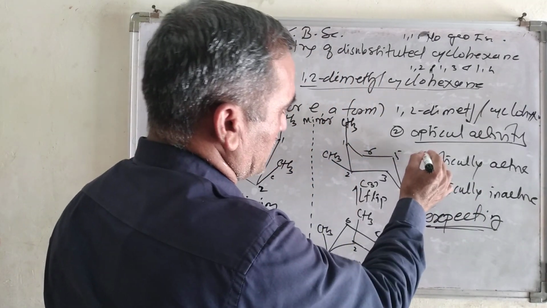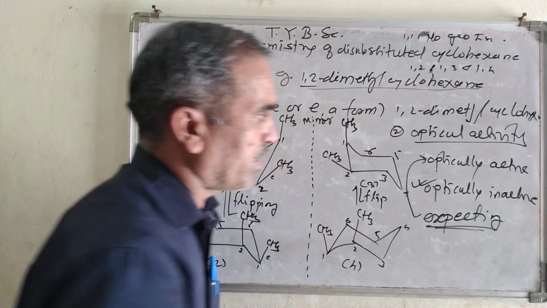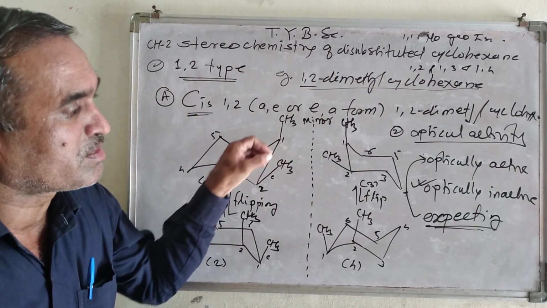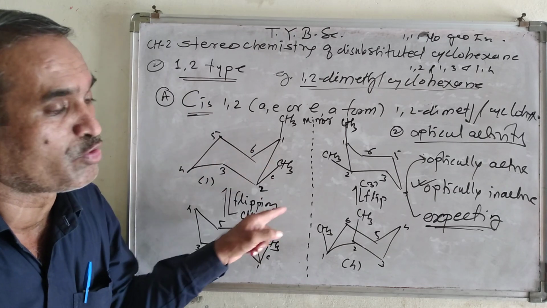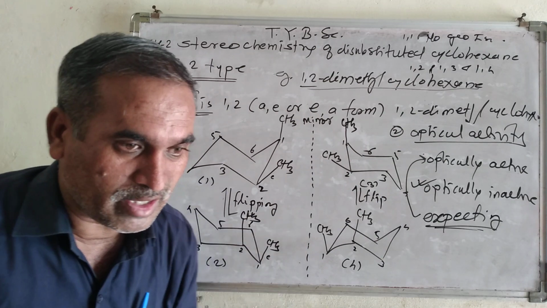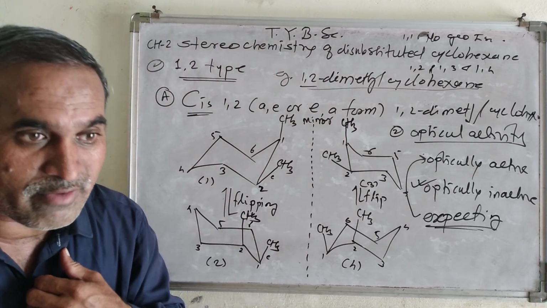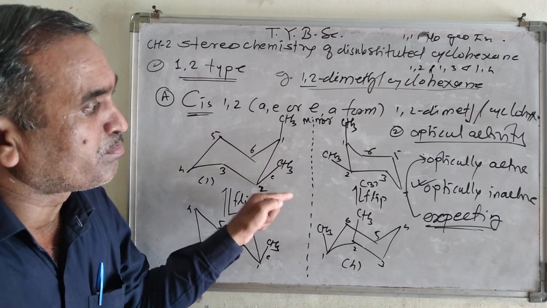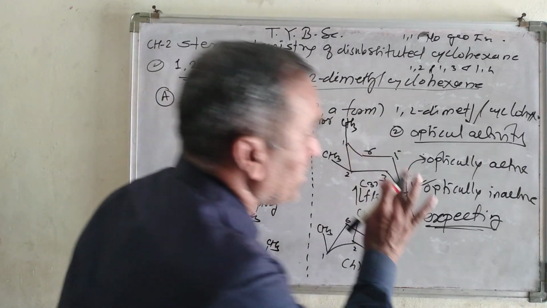Remember, this is expectation. What I am expecting, these compounds do not possess a mirror plane of symmetry, so they should be optically active in nature. But what the experimental result shows is that these compounds are optically inactive in nature.